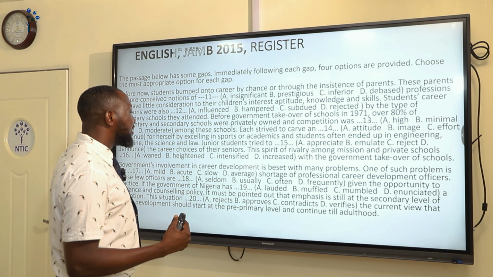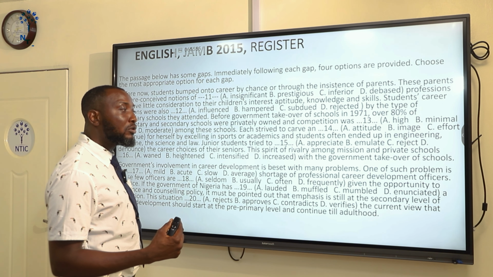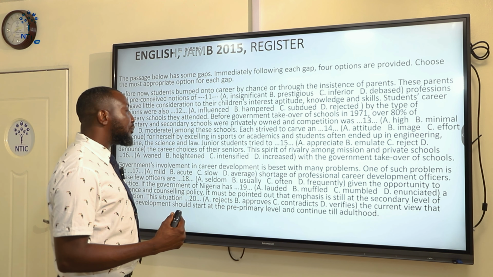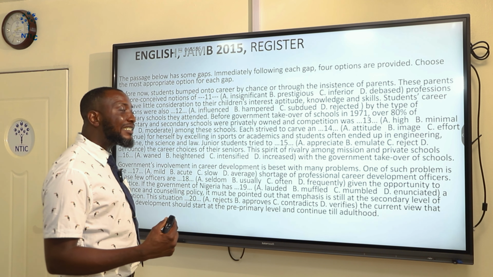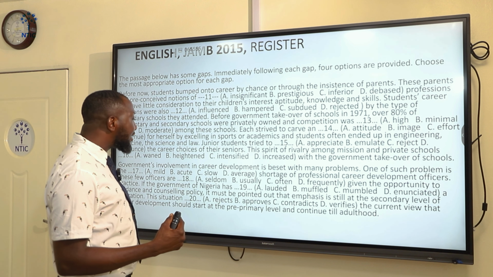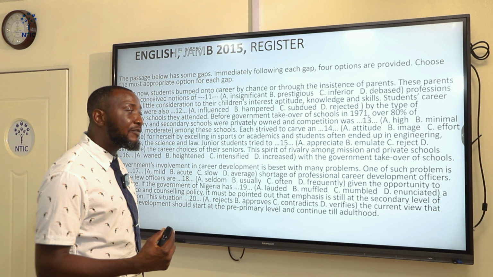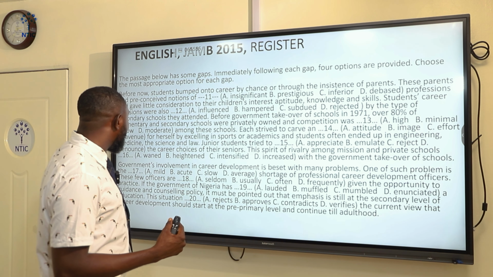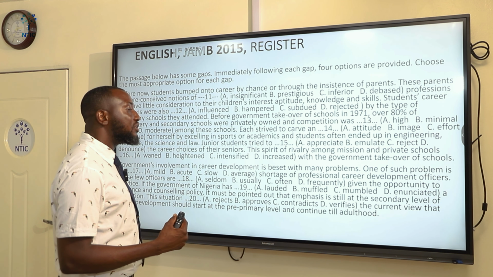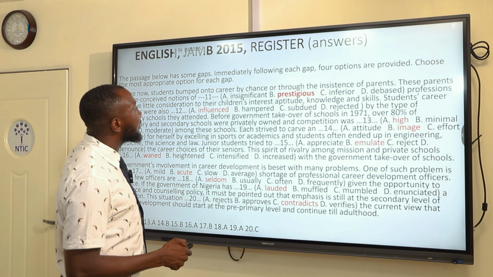If the government of Nigeria has lauded, muffled, mumbled, enunciated a guidance and counseling policy, it must be pointed out that emphasis is still at the secondary level of education. This situation rejects, approves, contradicts, verifies the current view that career development should start at the pre-primary level and continue till adulthood.